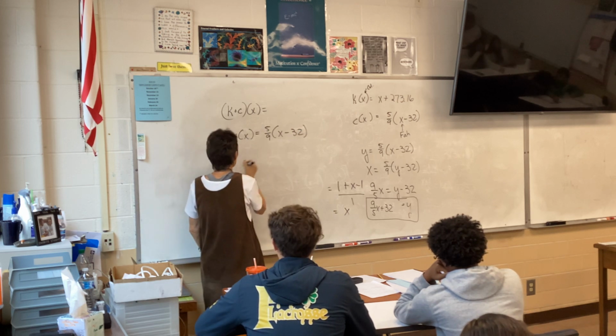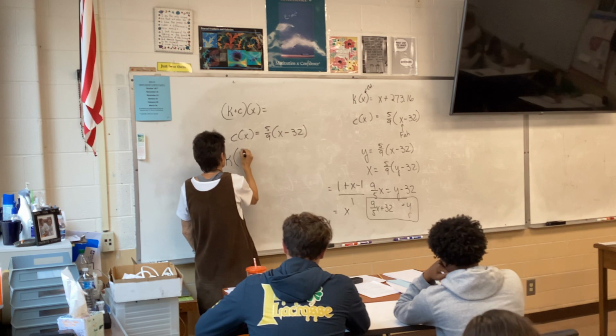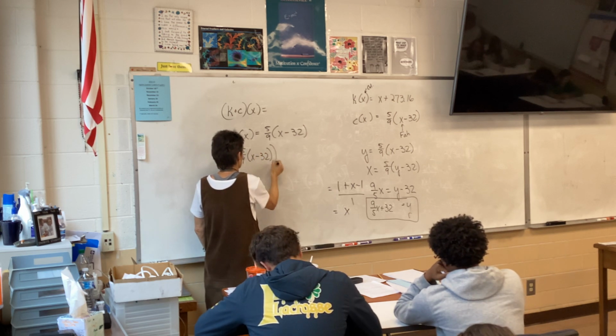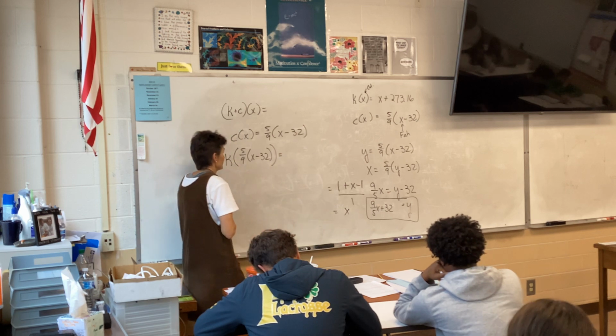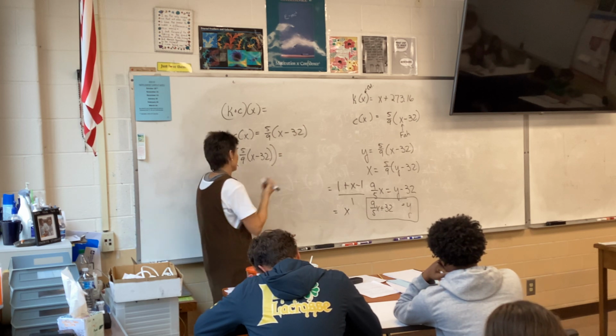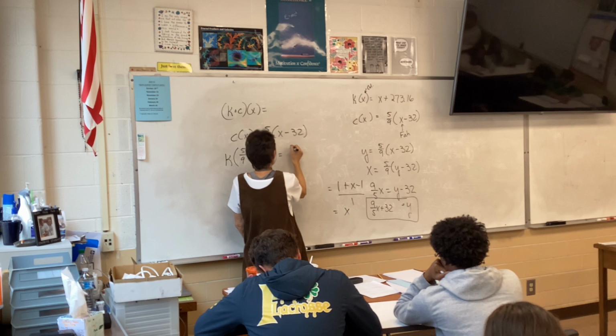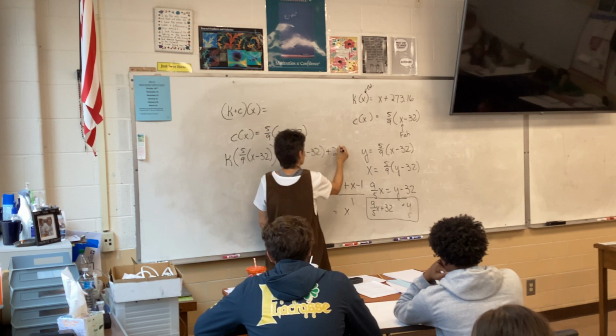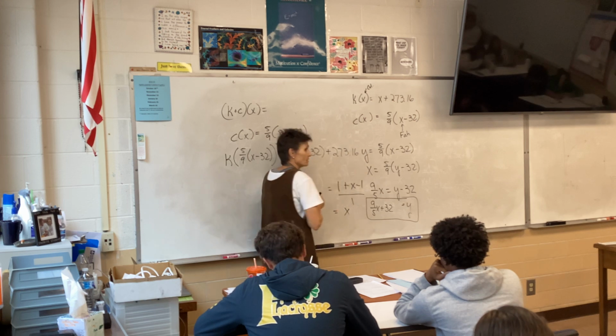Now I'm gonna plug that into K. So won't I just have 5/9 X minus 32 plus 273.16?